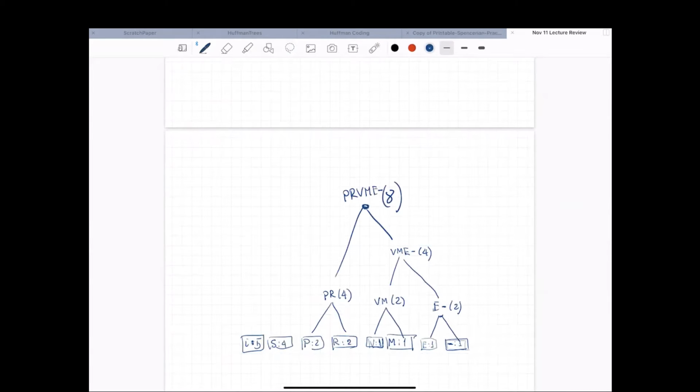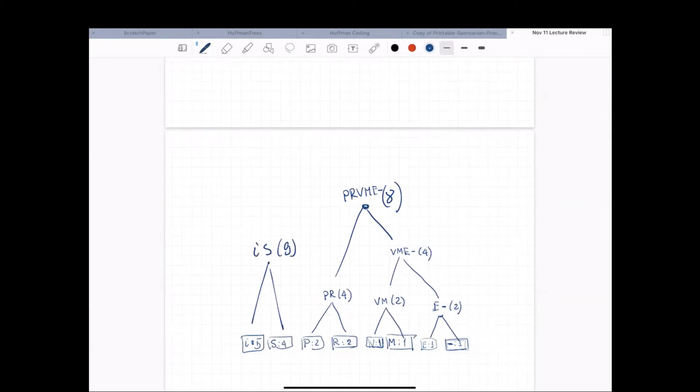Just S4 is the smallest one, but I have to combine it with something. So what are the two nodes that I can combine so that I get the next smallest value possible? I5 and S4. Yeah. So I'm going to call it IS, and it's going to have the value 9, right? So that has the value 9.